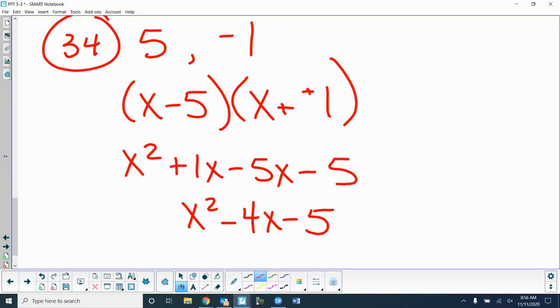What's it called, the graph of a quadratic? A parabola. It has an axis of symmetry. How do you find the axis of symmetry? X equals negative b over 2a. How do you know if it opens up or down? If A is negative, it opens down. A is positive, opens up, right?